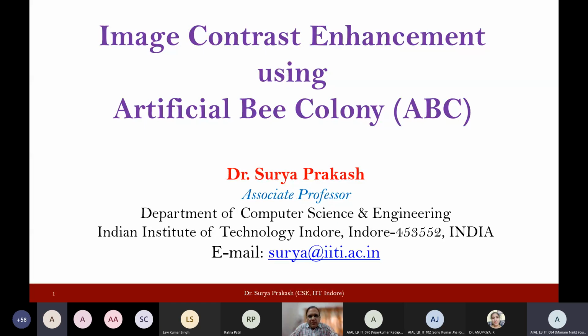So whenever you are doing face recognition, or ear recognition, or even iris recognition, whether the image you are using has good contrast or bad contrast determines its quality with respect to this particular parameter, and any image which has good contrast is always desired. So here, with the help of this algorithm, we'll see, given an image which has poor contrast, how to enhance the contrast of that image.